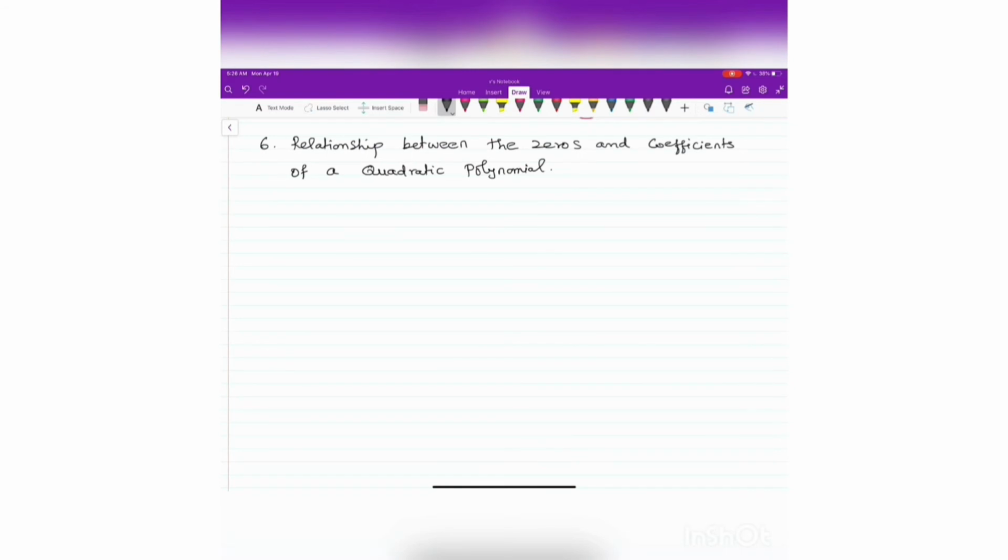This concept is very, very important as far as your board examination is concerned. Okay. Let us do this now.